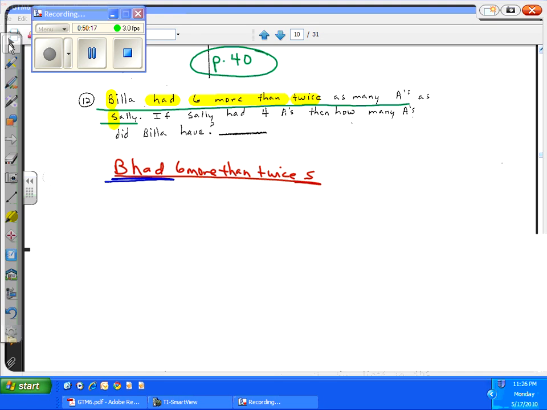We would change that to a mathematical equation. Subject, verb, subject equal. 6 more than means I'm gaining. What I'm gaining, the 6 goes after the plus. 6 more than what? Twice S. And I'm going to make that a lowercase s so it will look like a 5.